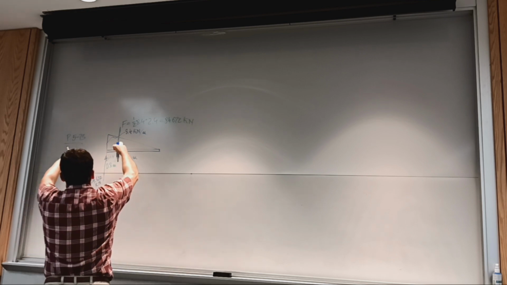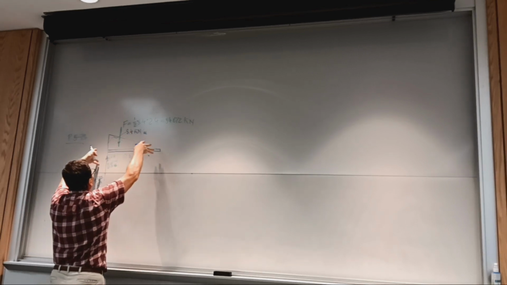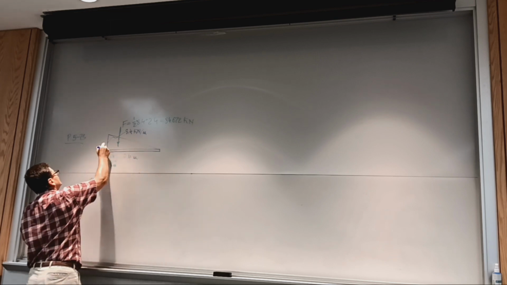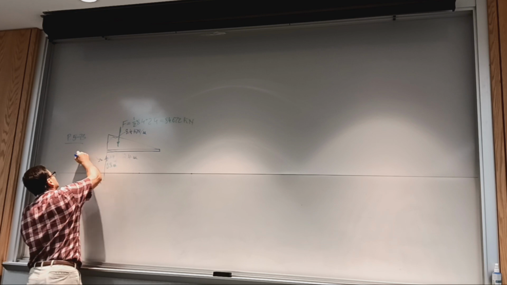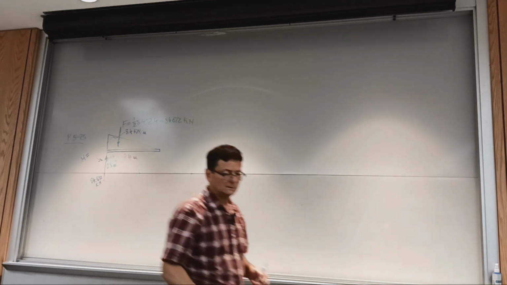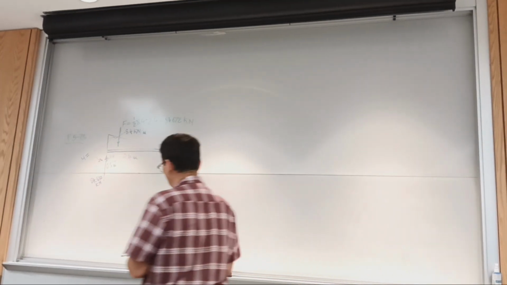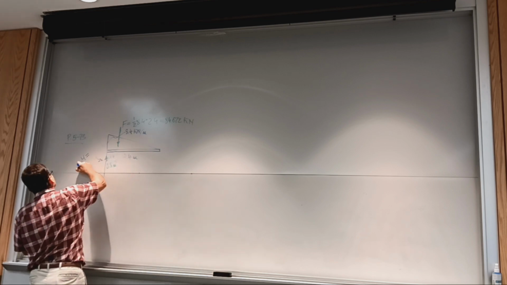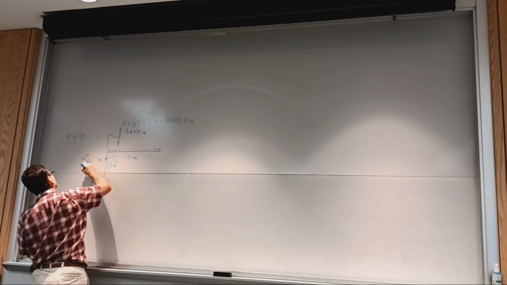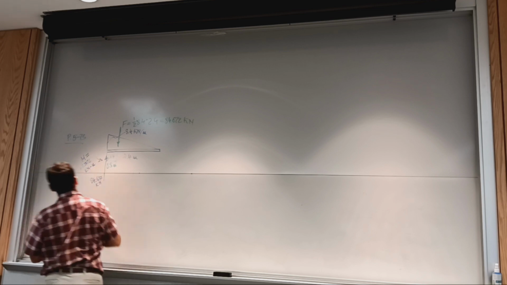The whole beam, now that it's off support, has a tendency to rotate clockwise. I need to introduce a moment that is counterclockwise and equal to this force times the arm. So 0.8 times 84.672 equals 67.7376 kilonewton meters.